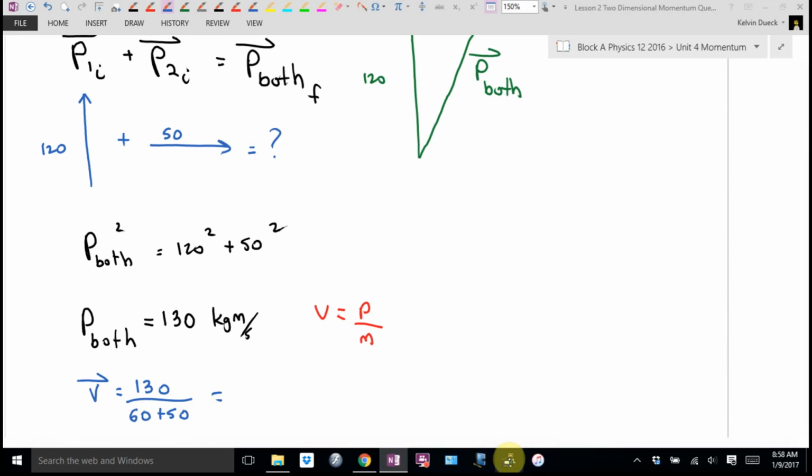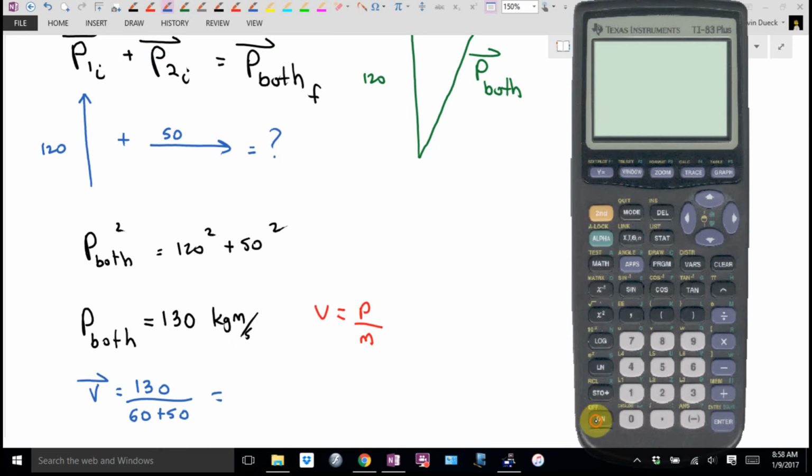This gives me the speed, not the velocity, the speed. Now I'll need a calculator. 130 divided by 110. You get 1.18 meters per second? Or am I wrong? Yeah?